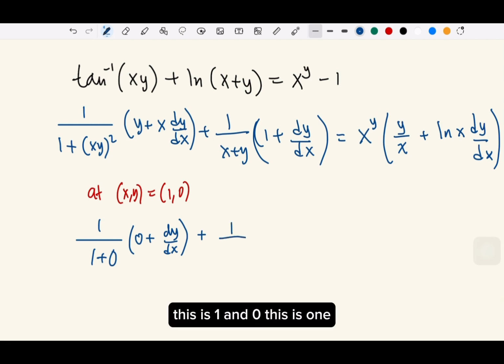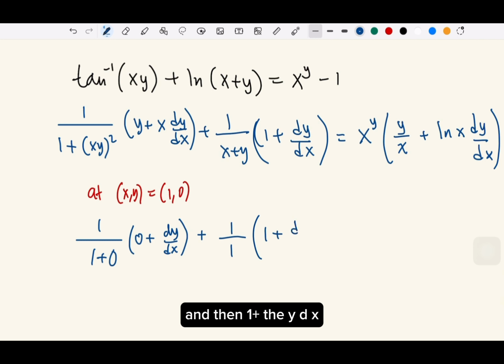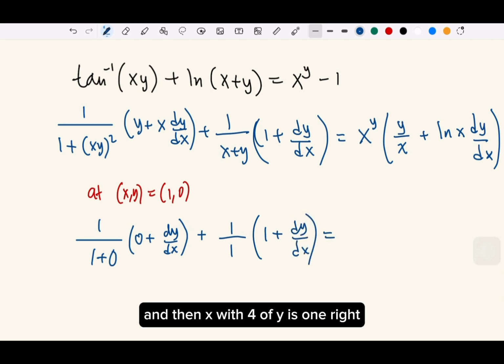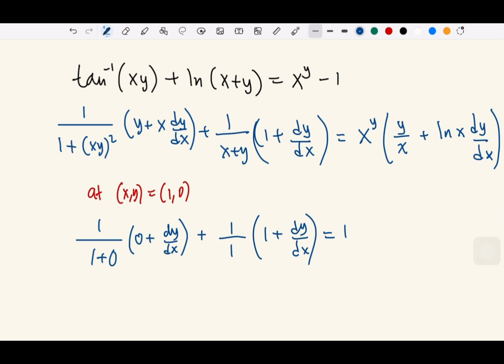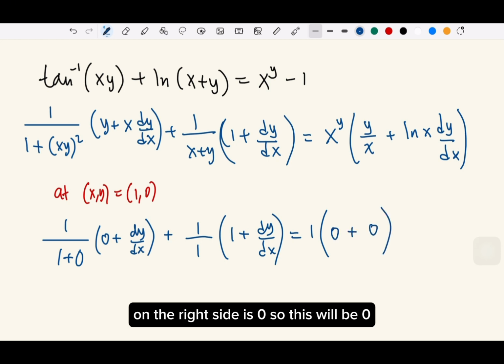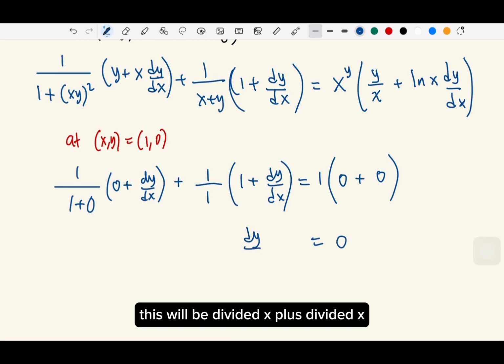This is 1 and 0, this is 1, and then 1 plus dy dx. And then x with power of y is 1, right? And y over x is 0, plus ln 1 is 0. So everything on the right side is 0. So this will be dy dx plus dy dx.